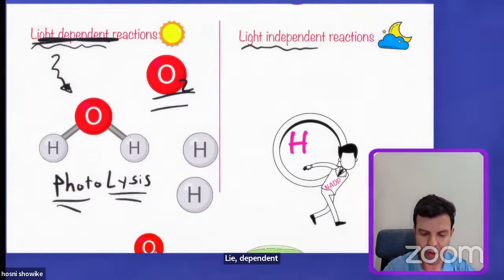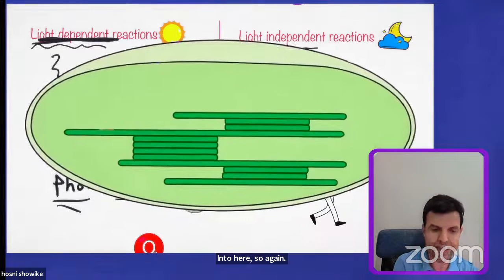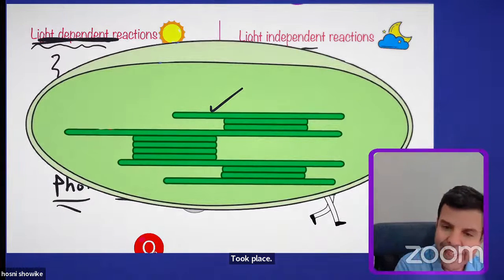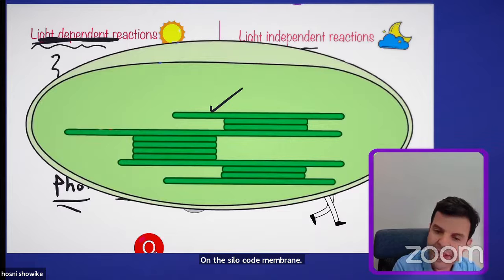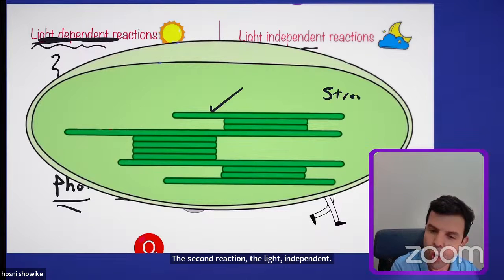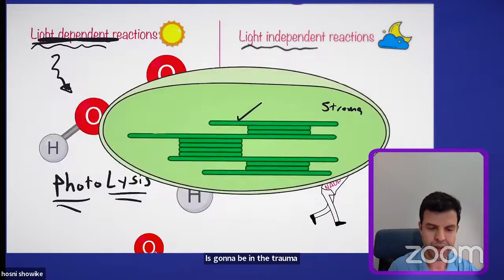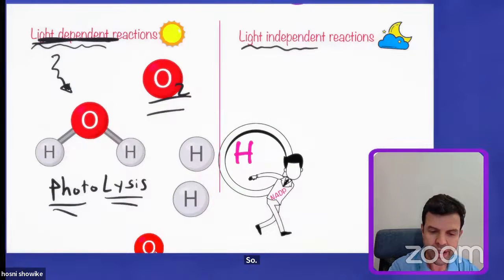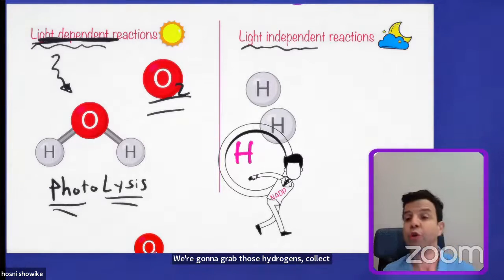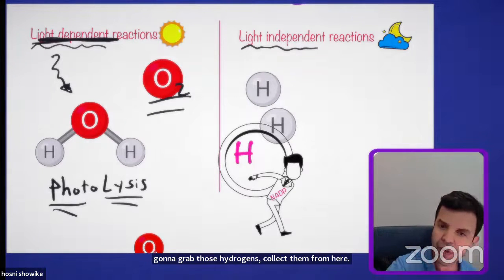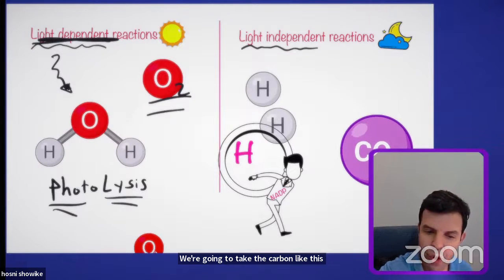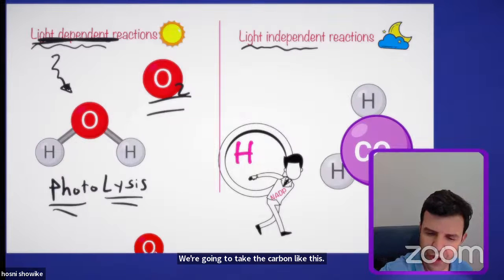So again, the first reaction took place on the thylakoid membrane. The second reaction, the light independent, is going to be in the stroma. Okay? So we're going to grab those hydrogens, collect them from here, transfer them to the stroma, and there we're going to take the carbon dioxide like this, and I'm going to add those hydrogens to the carbon dioxide.